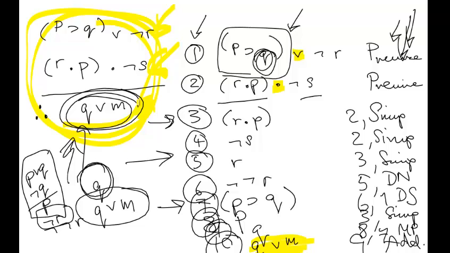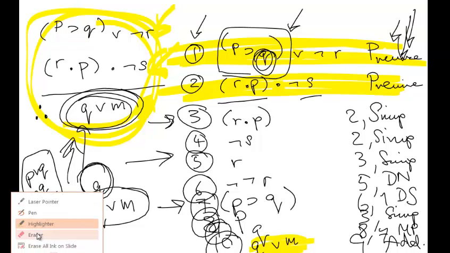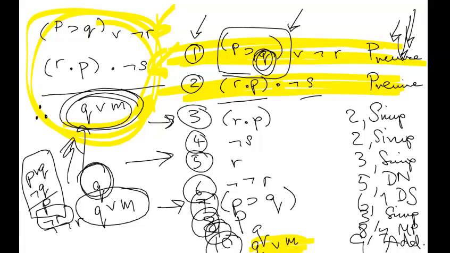What we did is we introduced the premise on line 1, first premise, second premise on line 2. Then we looked for the main logical operators. So we tried to figure out, well, what am I going to do here? How am I going to break them apart, or do I need to?